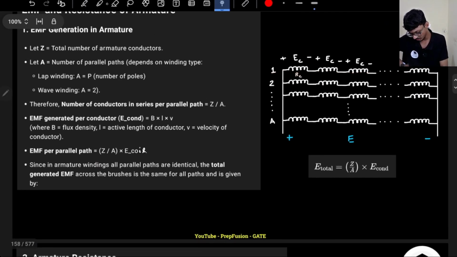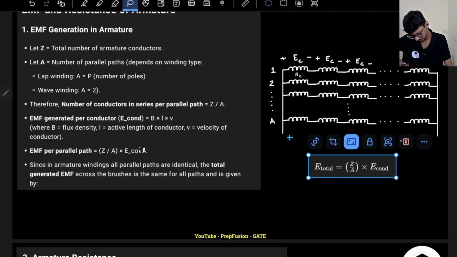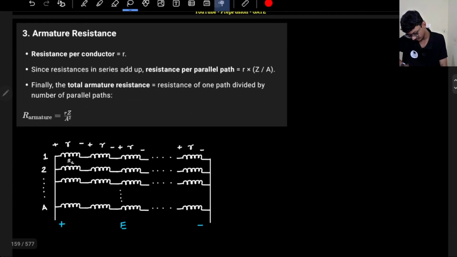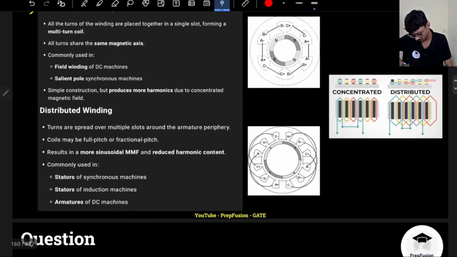So this we have already derived. I feel I don't need to explain this anymore. So armature resistance also we have derived, how all those values are coming up, okay?